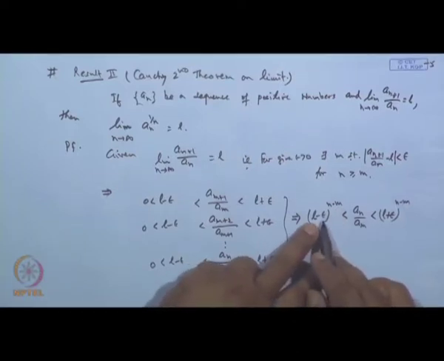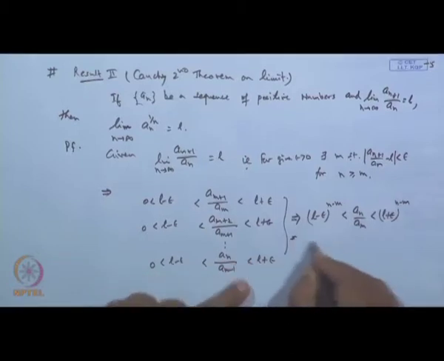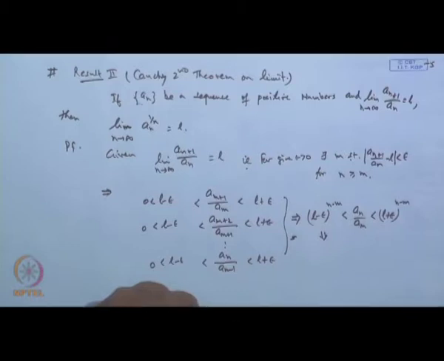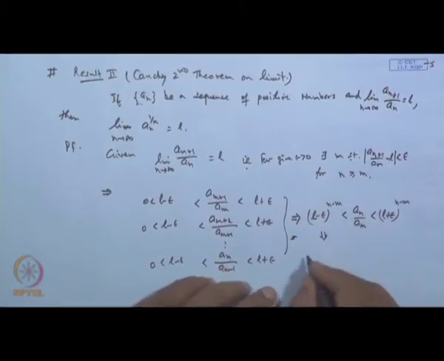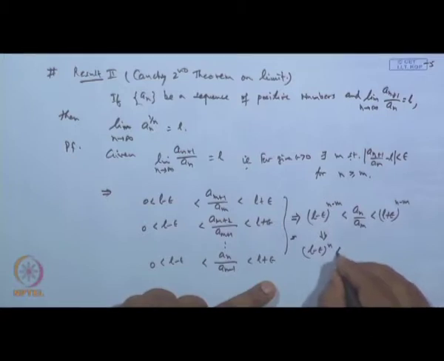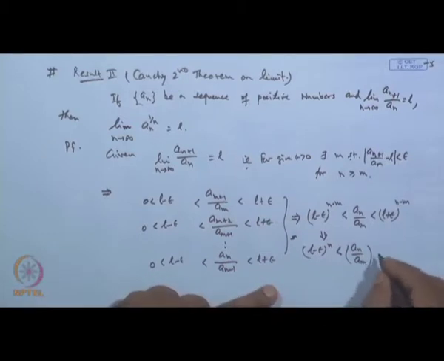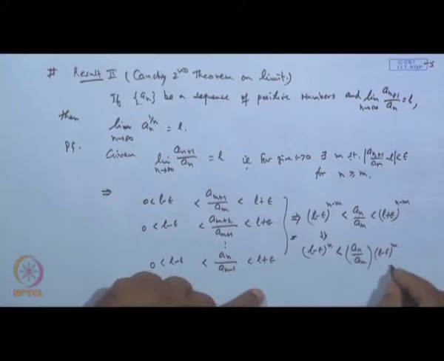Because this is a positive quantity, when you divide, this implies that (L minus epsilon) to the power n is less than, if I divide by this, a n over a m into (L minus epsilon) to the power m, because L minus epsilon is positive, so we can do like that.